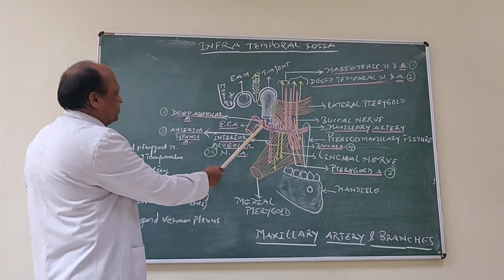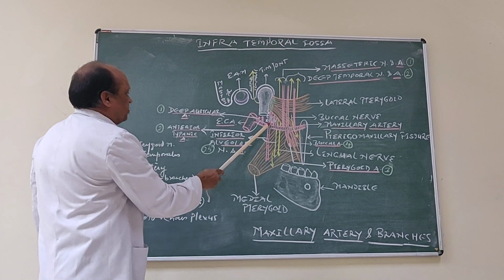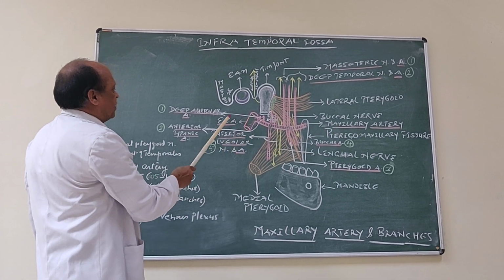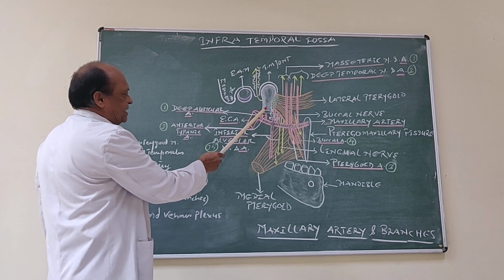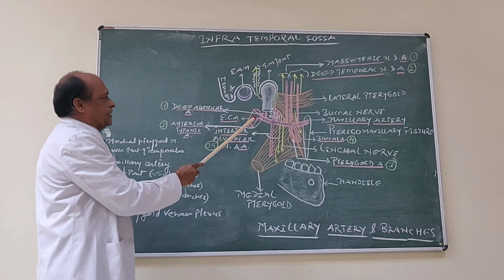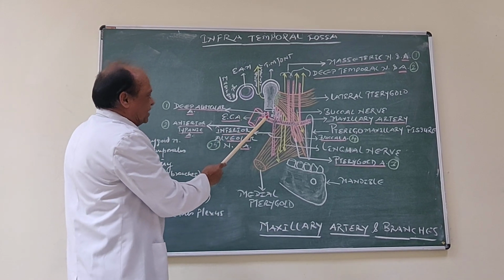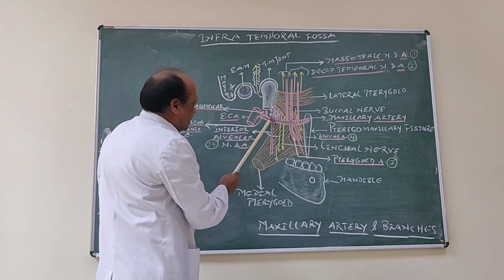Now look at the maxillary artery. I am running this probe along the maxillary artery. Here it is. The maxillary artery is a branch from the external carotid artery, and it arises just behind the neck of the mandible within the substance of the parotid gland. It runs on the surface of the lateral pterygoid muscle.